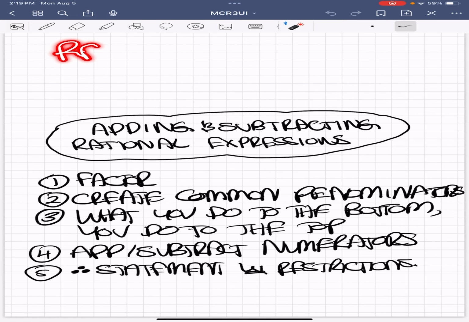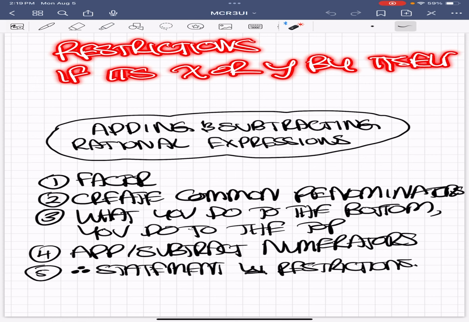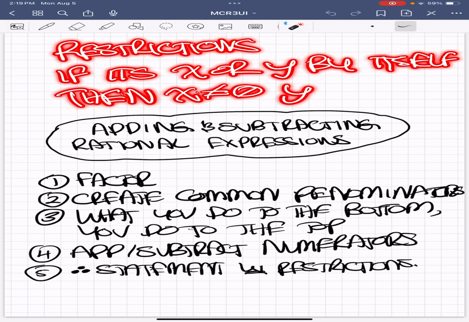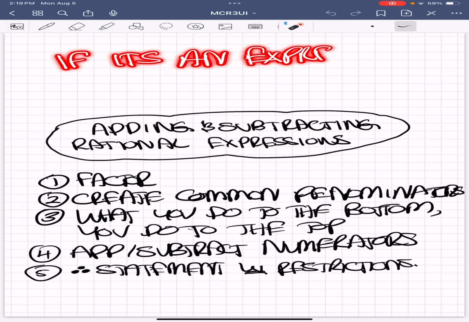With restrictions, if it's x or y by itself, then x cannot equal 0 or y cannot equal 0. If it's an expression, we can't have the denominator equal to 0.